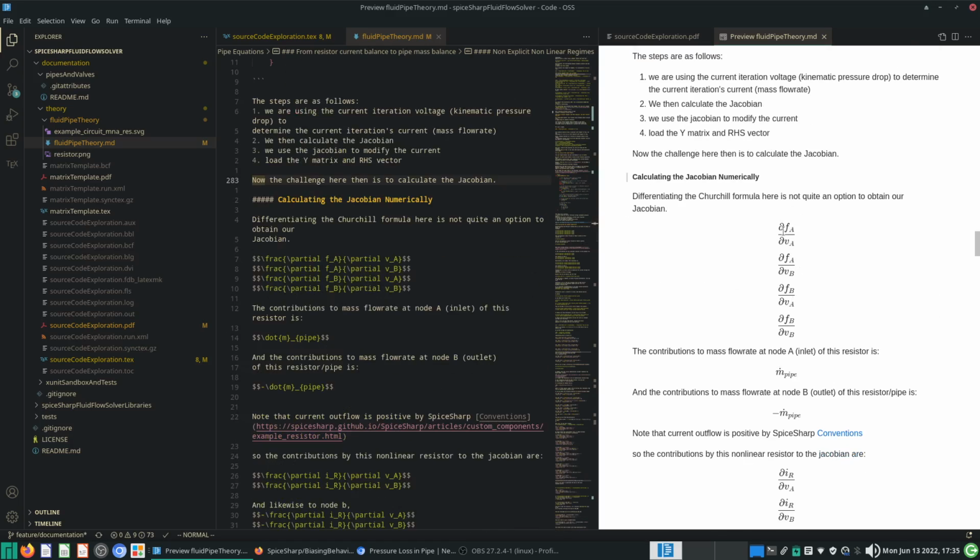To calculate the Jacobian, we need to look at how FA changes with respect to VA just for this resistor in question. All other resistors, every other component, we don't care. Same for VB, and we also take a look at the current balance over the outlet node. There are only two nodes, and the voltage, or the pressure in this case, at these two nodes that we need to consider.